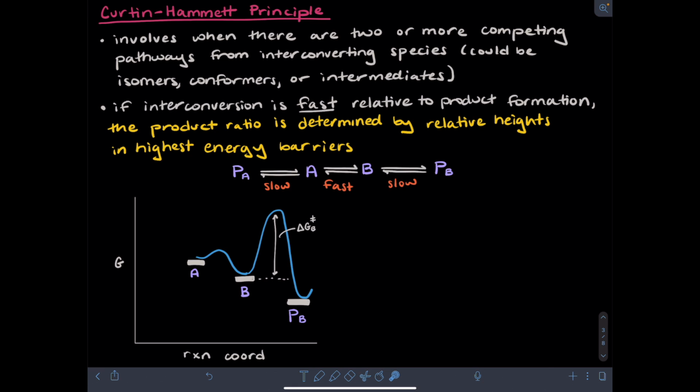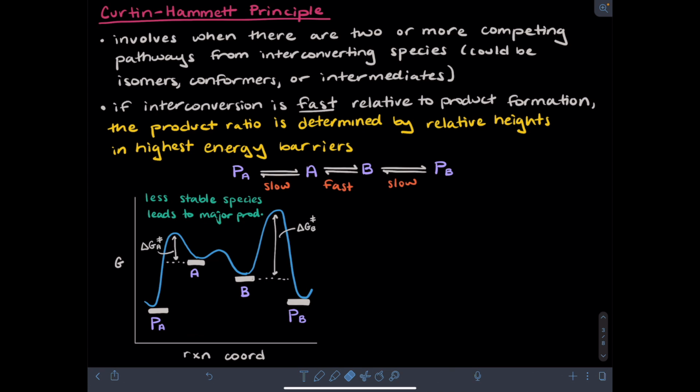One scenario is that there's a high barrier going from B to product B. I've denoted this by a large delta G double dagger going to B. And let's assume that we have a lower barrier going from A to product A. Here, this delta G double dagger value is smaller, corresponding to a lower energy barrier and a faster rate.